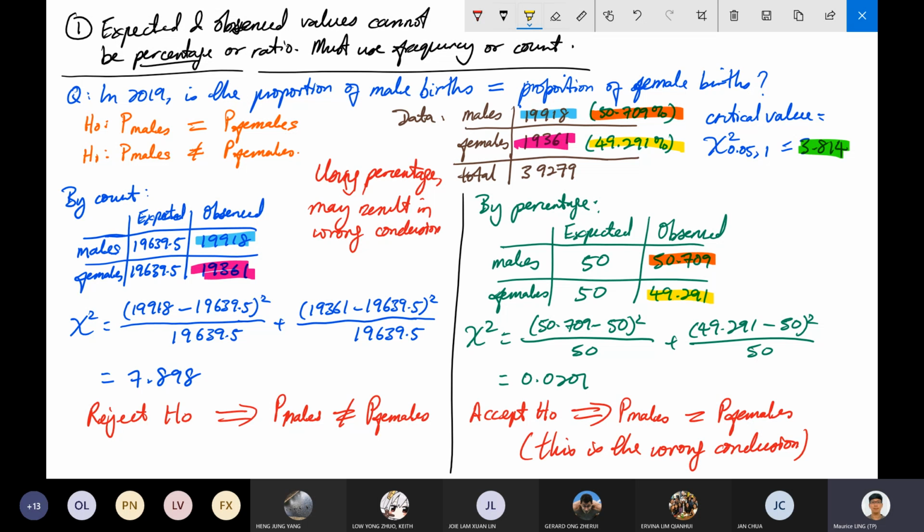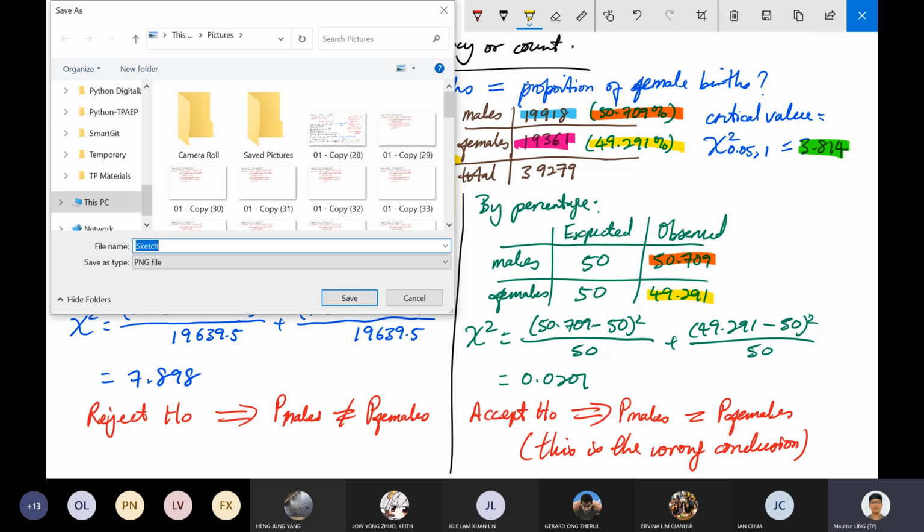Okay, so this is very important. It may result in wrong conclusion. That's why we do not use percentage or ratio. We have to use count. In the lab session, I've given you one example, and now I've given you another example. Please remember such things.